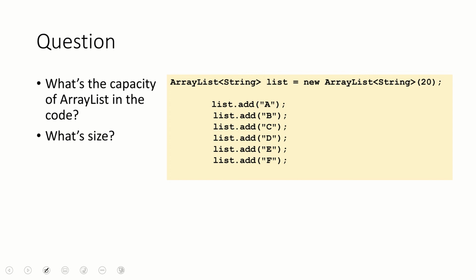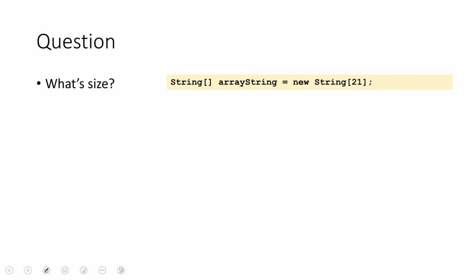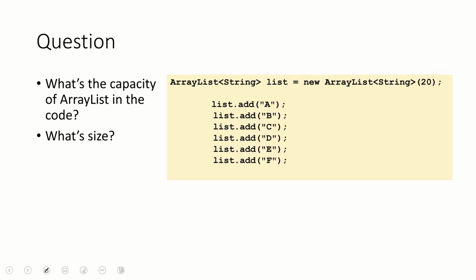Here's some questions. Tell me what's the capacity of the array list in the code, and what's the size for this code? Capacity is over here, it's 20. What's the size?